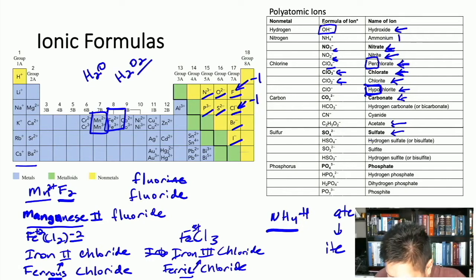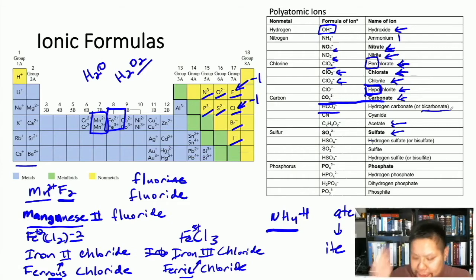And then the other thing to note is that when you add an extra H to things, for example, here we had carbonate, which is CO3 2 minus. Just below it we have HCO3 minus, and that becomes bicarbonate.